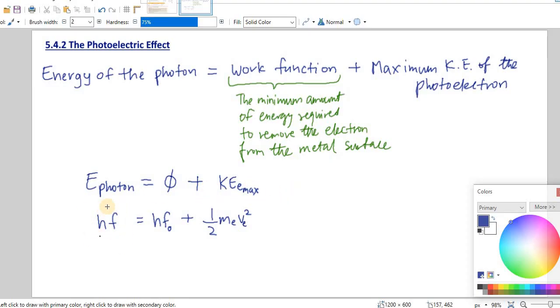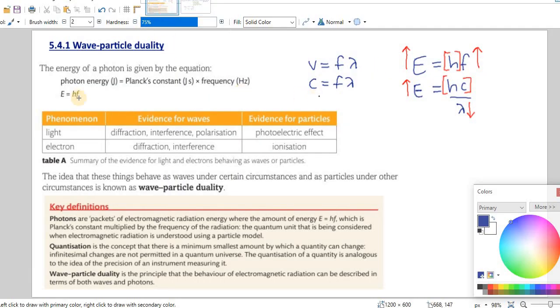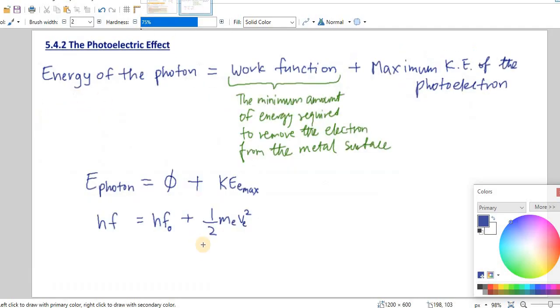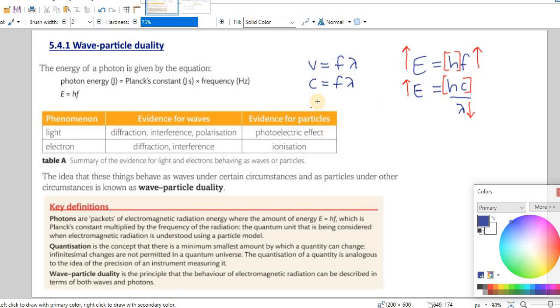So energy of the photon, you know, is equal to hf. We saw it here earlier. And then phi is the work function. Remember, E equals hf. So f naught is the threshold frequency. Now we will see that threshold. You can see when f decreases, energy of the photon decreases.